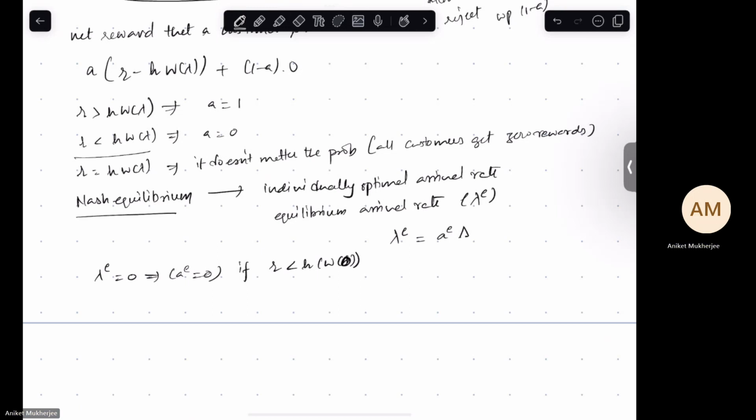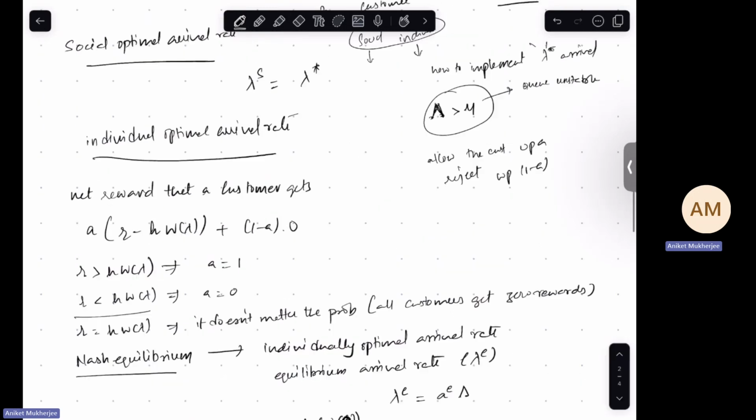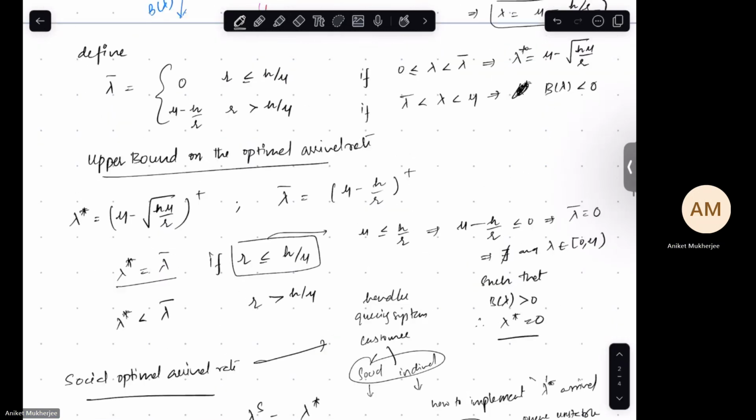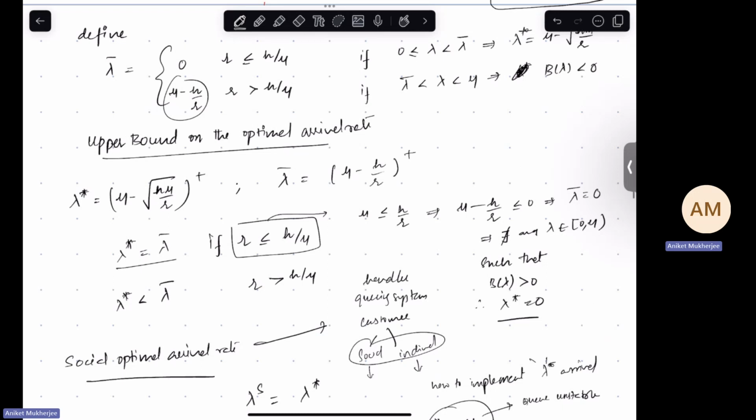Next, when R is greater than H W 0, then lambda e equal to A lambda, and this lambda e is equal to mu minus h by r, which we have defined.